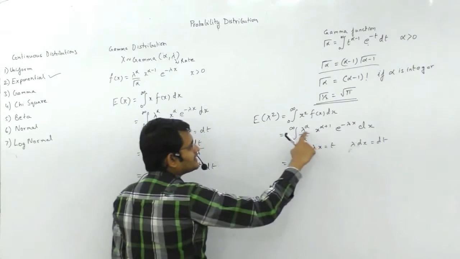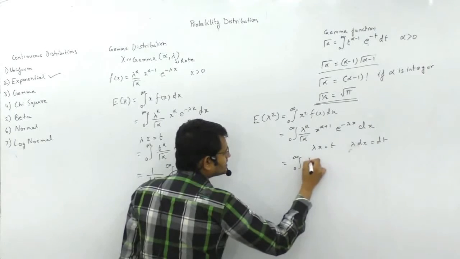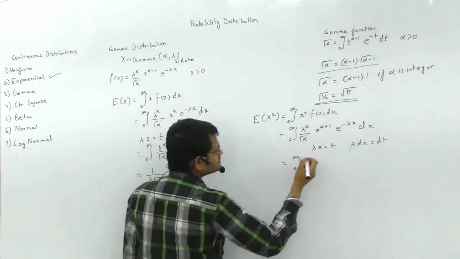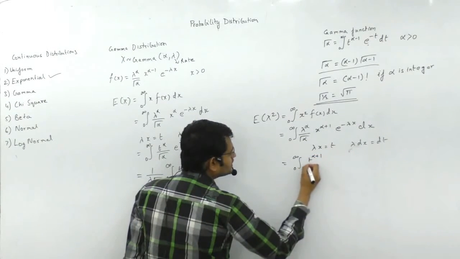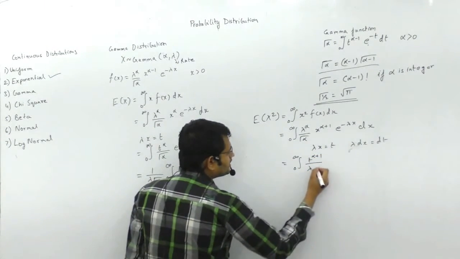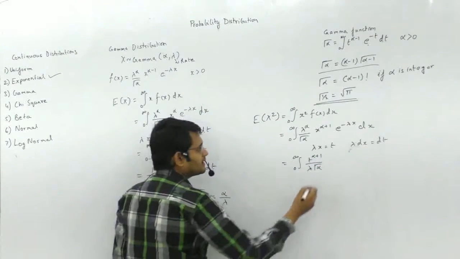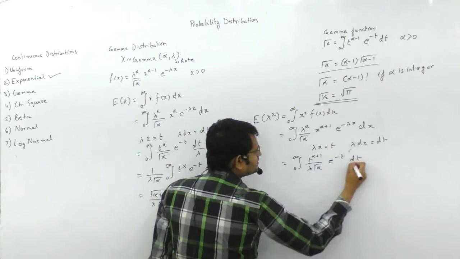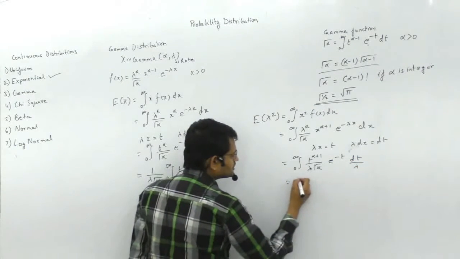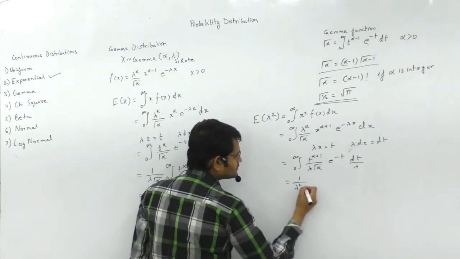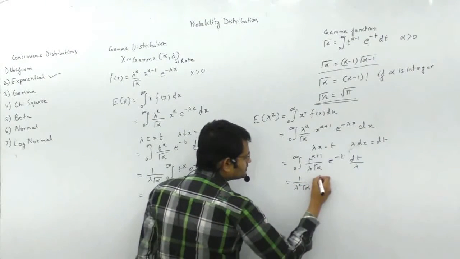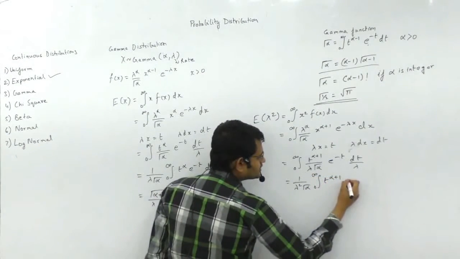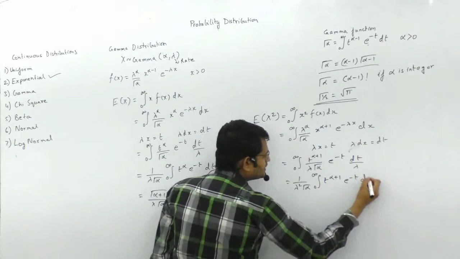So to make lambda x as t, I need alpha plus 1 lambdas, so I can say this is going to be t raised to alpha plus 1 upon lambda, and we'll get e raised to minus t. So here I can take lambda square gamma alpha common, dt.